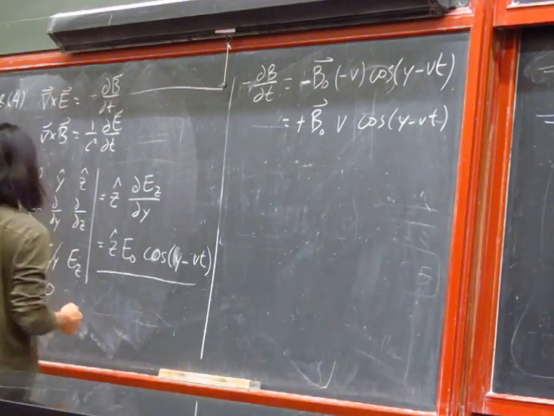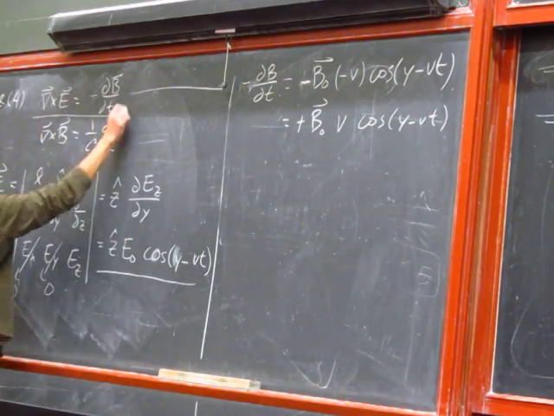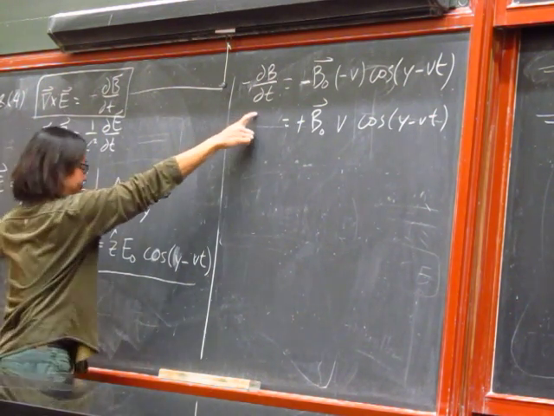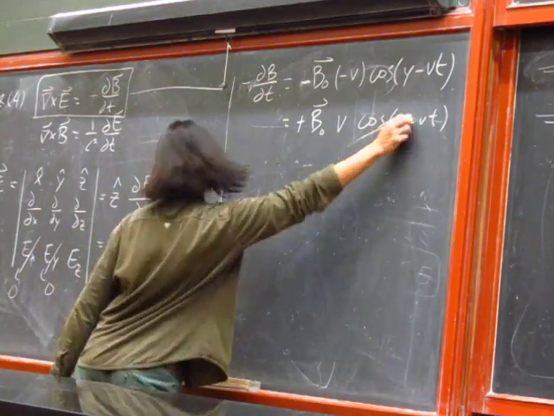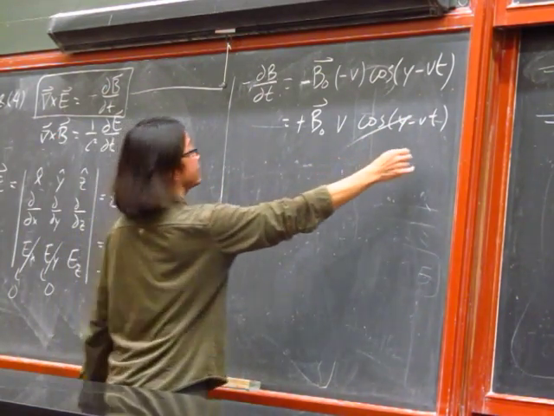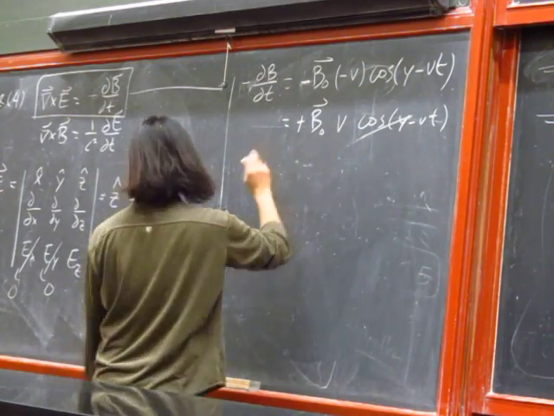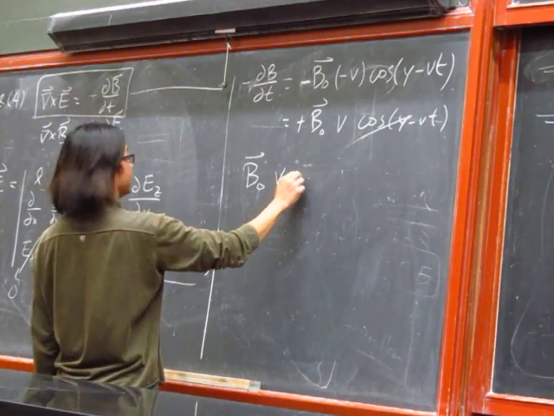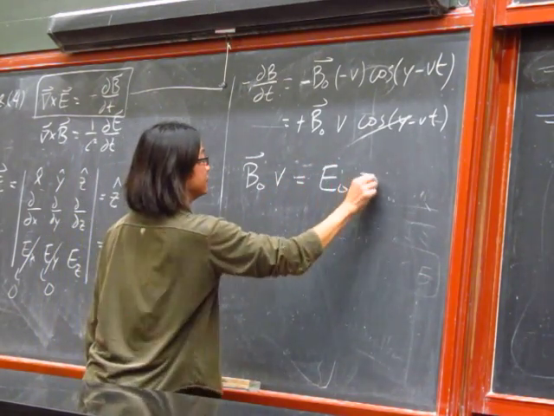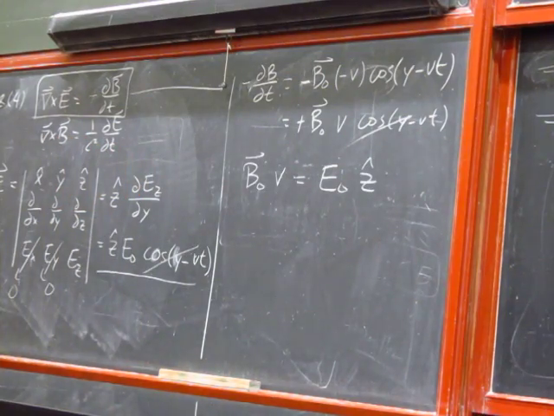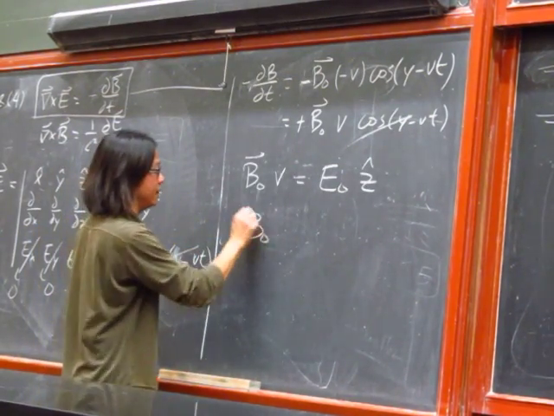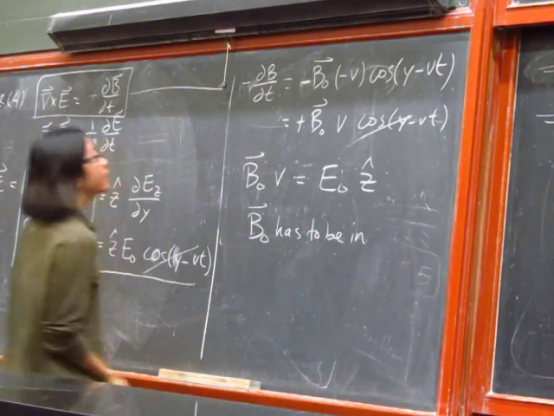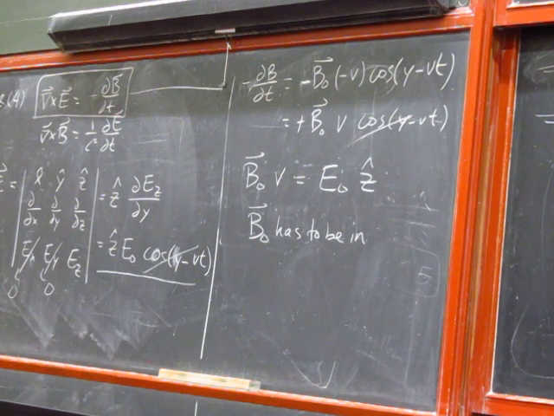So let's compare these two equations, because I'm just looking at this equation. They have to be equal. The cosines cancel. So I have B naught v equal to E naught k. Therefore B naught has to be, I'm making a mistake somewhere. Shouldn't that be an x? Yes, there should be an x.